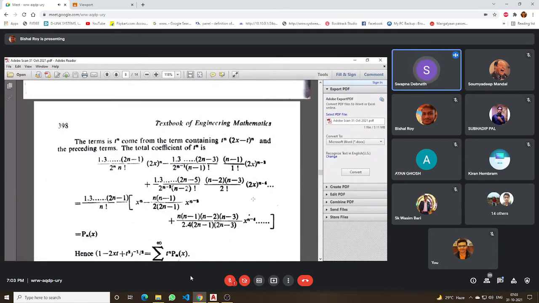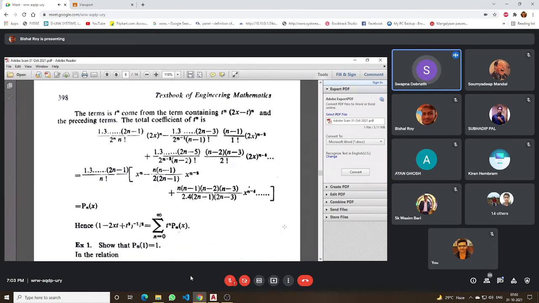These are the total coefficient, and this coefficient is nothing but P_n(x). Hence, this is the coefficient of t to the power n. Therefore, the infinite series will be summation t to the power n P_n(x), and that is equal to (1 minus 2xt plus t squared) to the power minus half. This is known as the generating function.